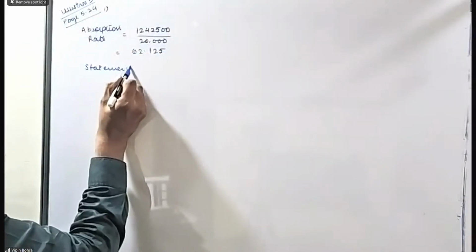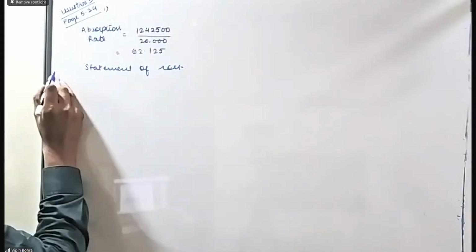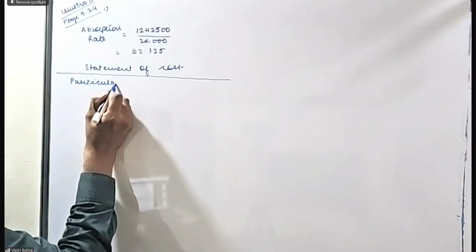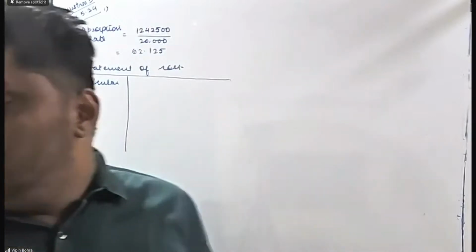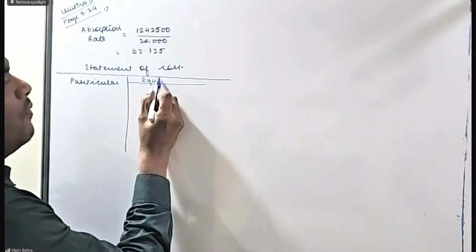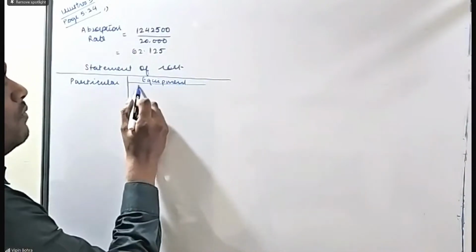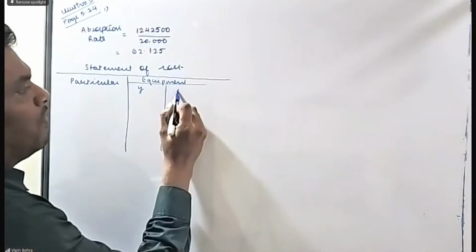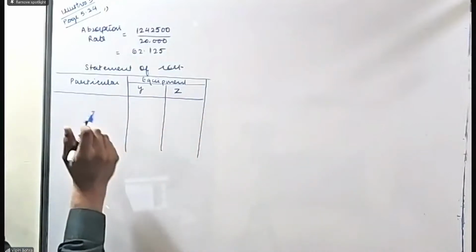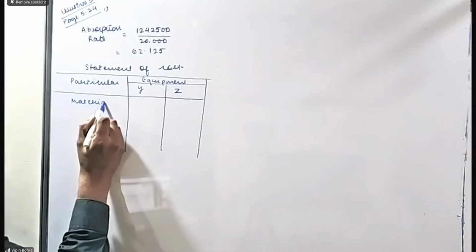So we have to prepare the statement of cost. Wherein particulars, further there are two products, that is Y and Z. So when talking about the material cost, it is given straight away, that is 300 and 450 per unit.